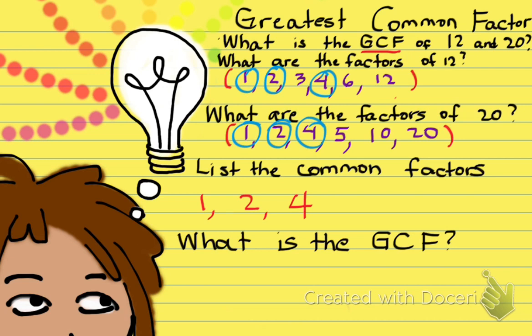So 4 is our greatest common factor of 12 and 20. So the greatest common factor of 12 and 20 is 4.